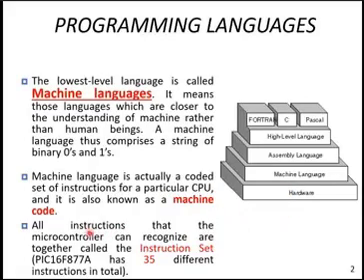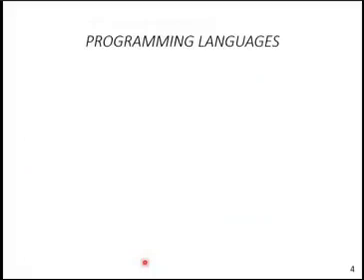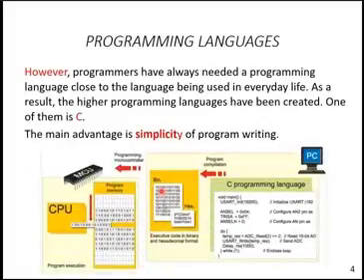So why can the hardware understand machine code? Because, for example, taking PIC 877A, it only has very limited instructions. So if you refer to this diagram, this code will be embedded inside the microcontroller, and when the microcontroller receives the first row of the code, that particular code will be compared with the 35 instructions.